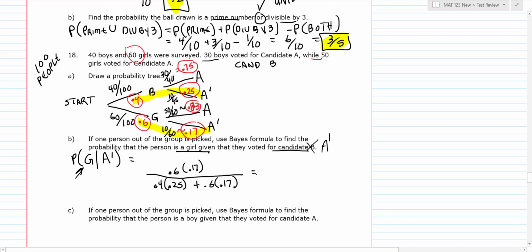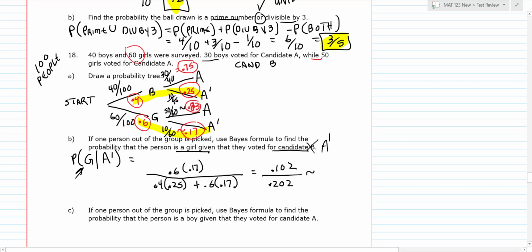I'm going to use my calculator. 0.6 times 0.17 will give 0.102. The bottom, I do 0.4 times 0.25 plus 0.6 times 0.17. That will give 0.202.